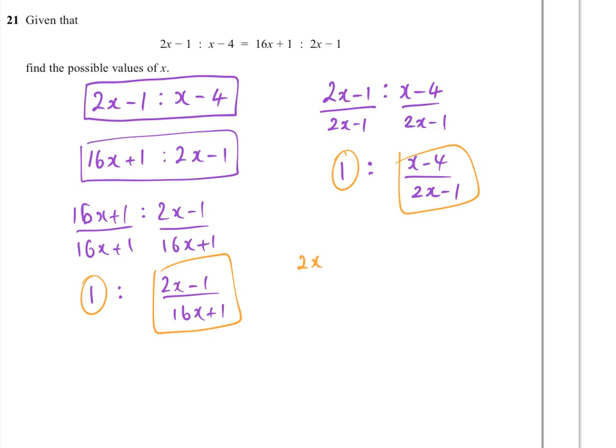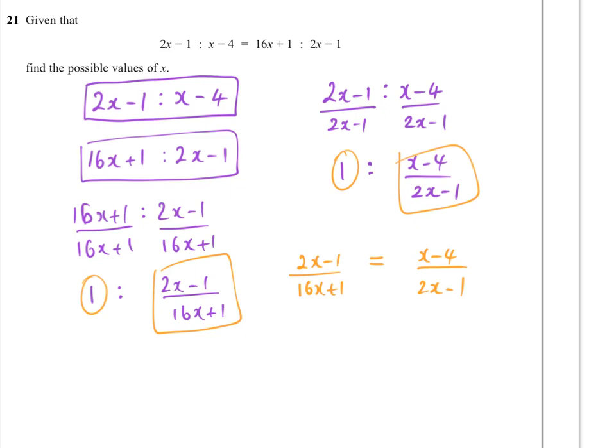So I can write 2x minus 1 over 16x plus 1 is going to be the same as x minus 4 over 2x minus 1. Now, that I found reasonably difficult.